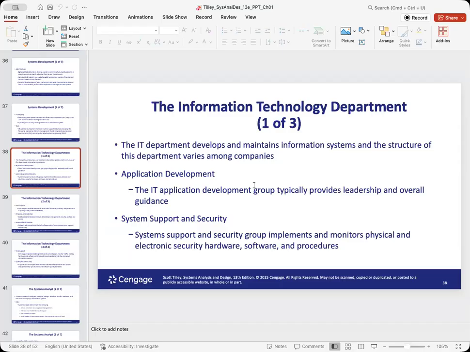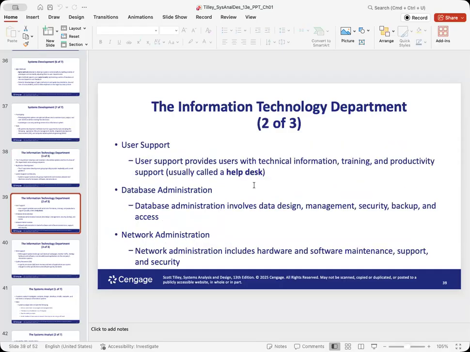Okay. We have application development. The IT application development group typically provides leadership and overall guidance. And then we have system support and security. This group also implements and monitors physical and electronic security hardware, software, and development procedures. And then we have user support.